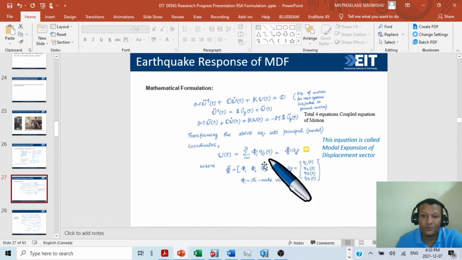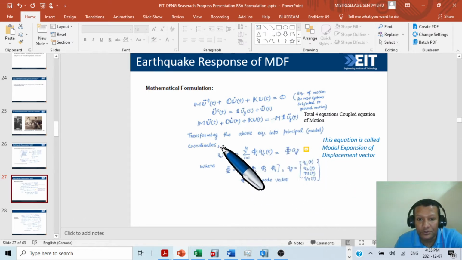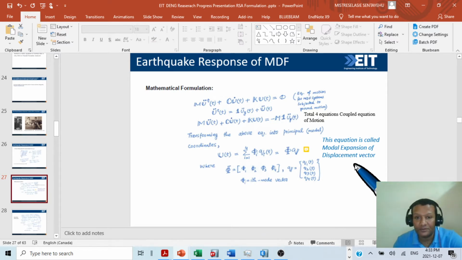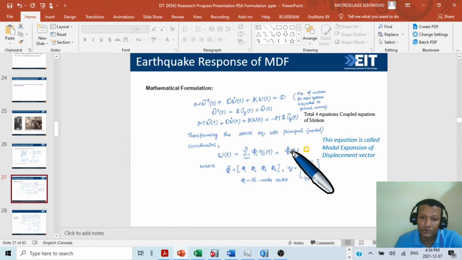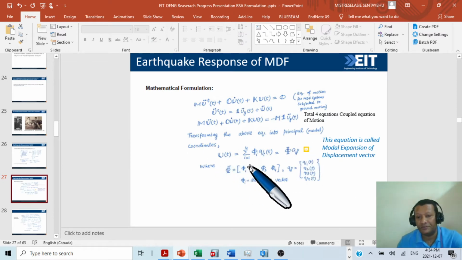We will use this equation: u is equal to phi, the mode shape, times the q vector. This equation is called the modal expansion of the displacement vector. Once we find the solution in the q vector, we multiply it with the mode shape phi vector, then we take the solution back to the u vector.